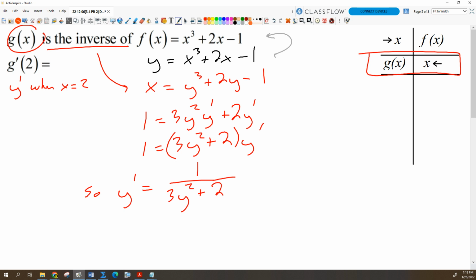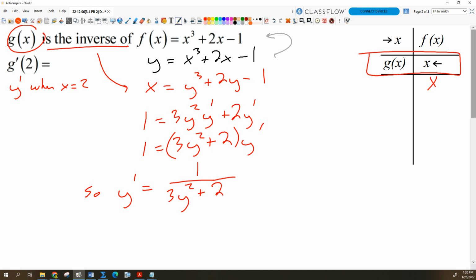Okay, so then where does the 2 go? Everybody agree it goes on the right? Because I'm trying to calculate y prime when red x equals 2, red meaning the inverse, right? So that goes there.